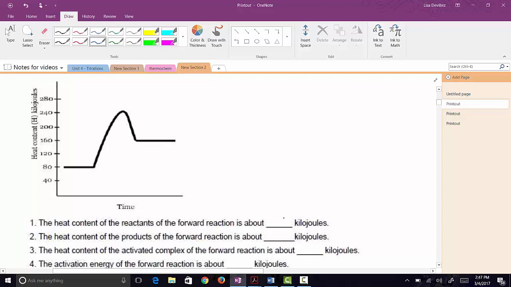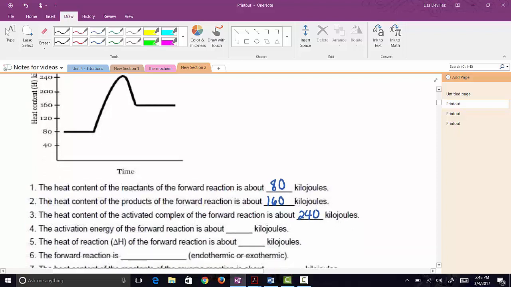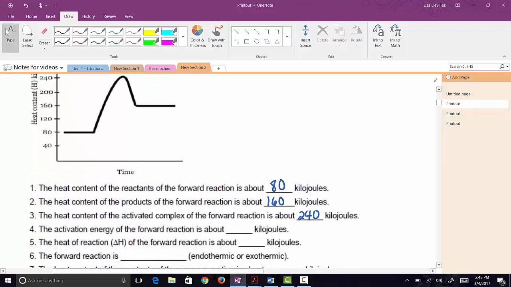So the reactants of the forward energy, it's about 80, and the products is about 160, and the activated complex is right around 240. Activation energy of the forward reaction is 240 minus 80, so that's about 160.